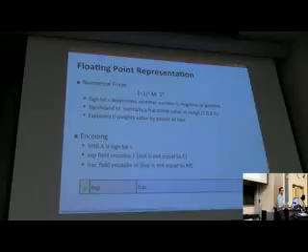All of the numbers that we can represent in floating point have to be represented in this form. So the sign bit s determines whether the number is negative or positive, obviously.